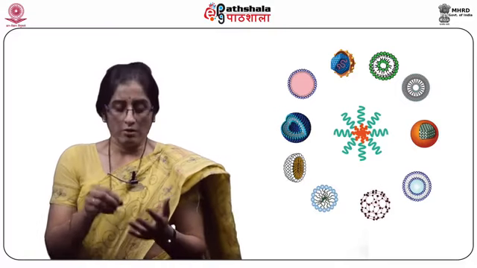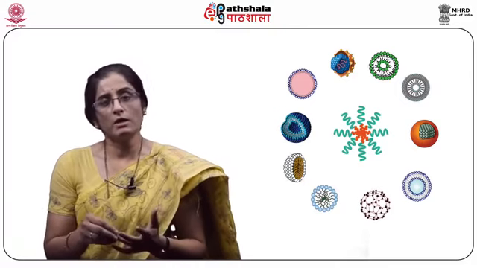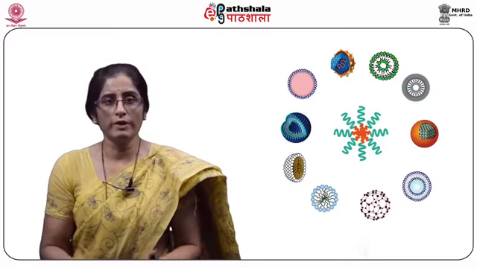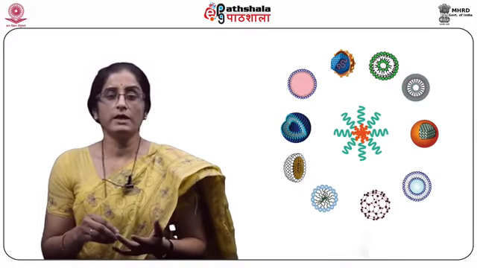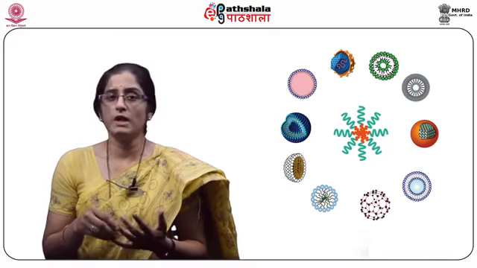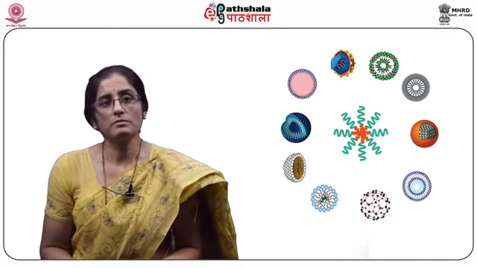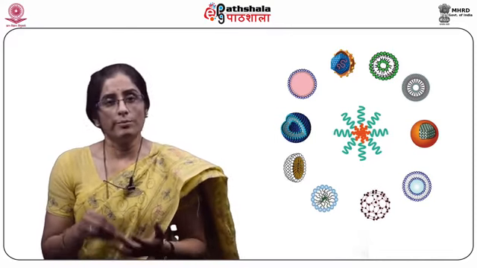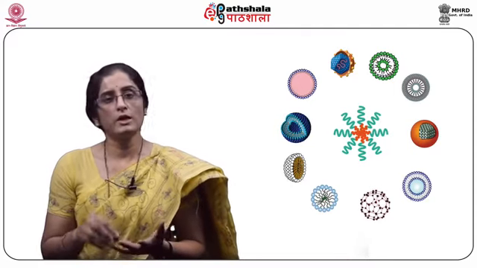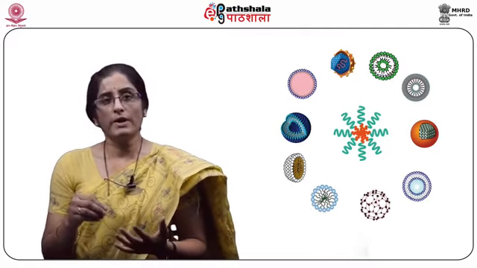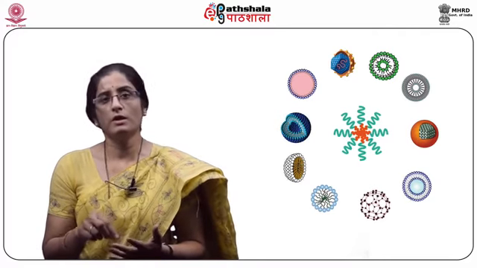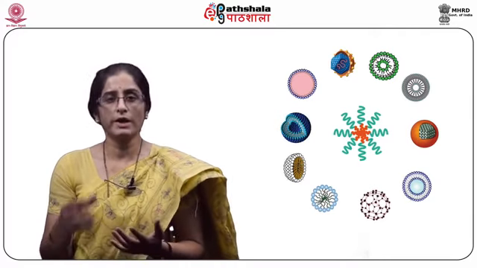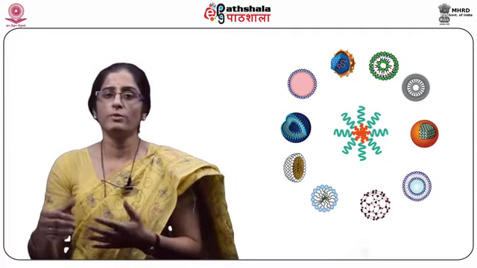While in the case when the drug is not soluble in the solvent, or it is in the dispersed state, in that case the nanocapsules are going to be formed. The preparation of nanocapsules and nanospheres depends on the solubility of the drug in the solvent which we are taking to solubilize the polymeric material.